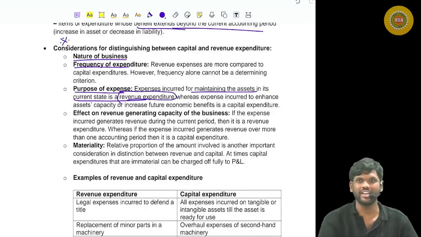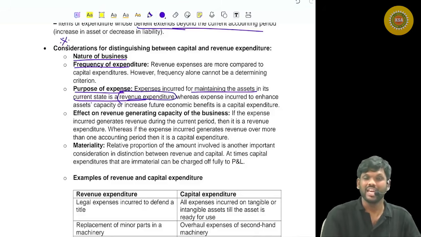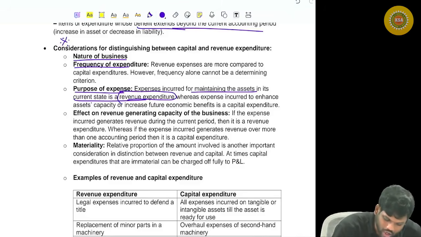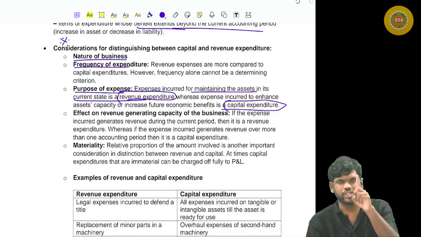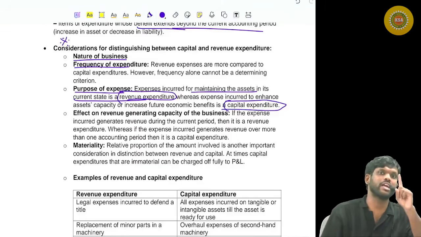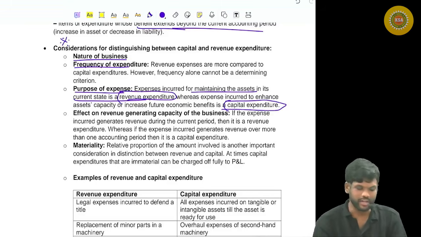But if you suddenly change the tyre of that vehicle, or change the silencer, if you do this, its benefits will increase. Such expenditures are called as capital expenditure. Remember clearly, any expenditure incurred for maintaining the benefits is revenue expenditure. Any expenditure incurred which will increase the benefits from the assets is called as capital expenditure.